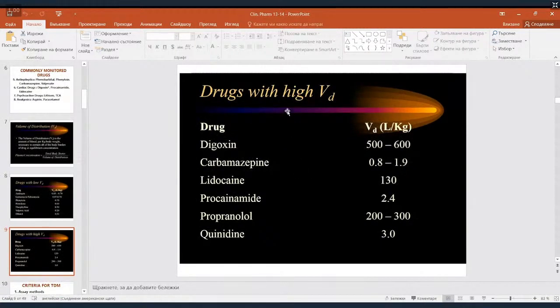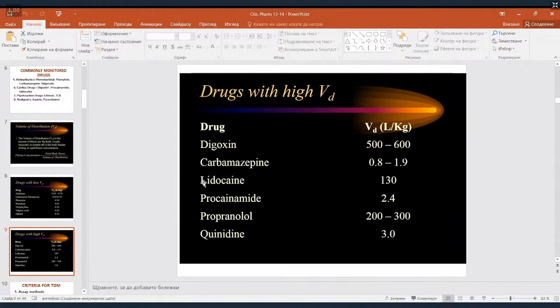And then we have drugs with a very high volume of distribution, like digoxin, carbamazepine, propranolol, and these are liters per kilogram. So if you have a patient with 70 kilograms and you like to calculate the volume of distribution of quinidine, let's say in this patient, you multiply 70 by 3, and this is 210 liters volume of distribution of quinidine in this given patient.